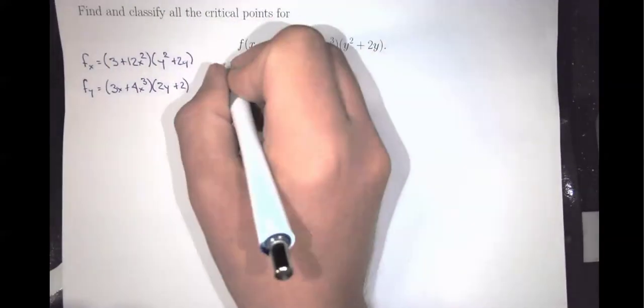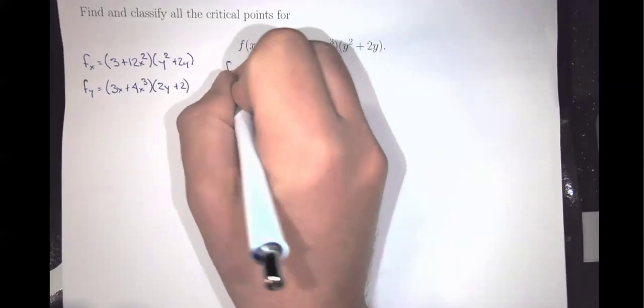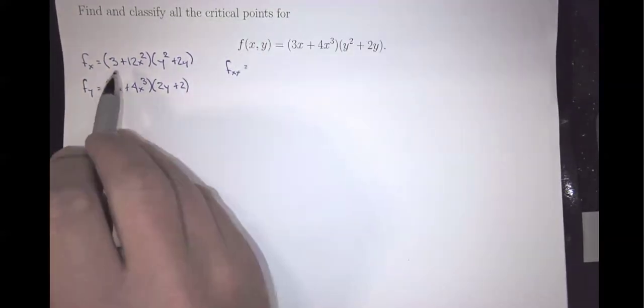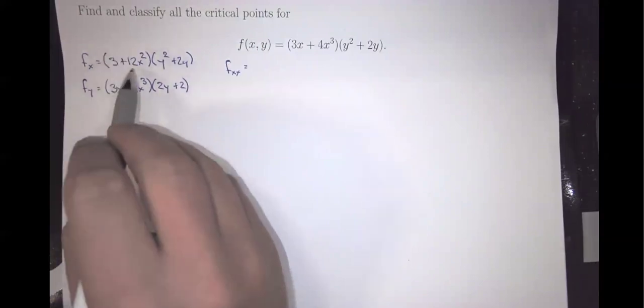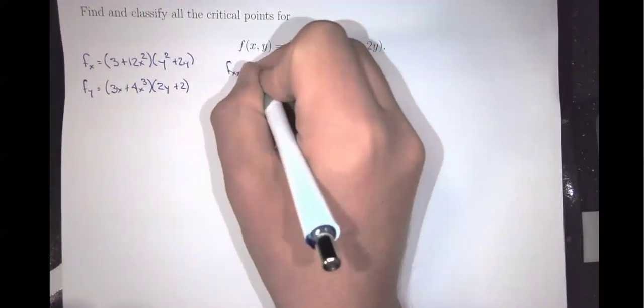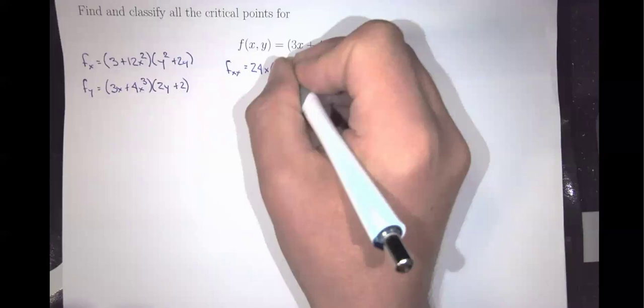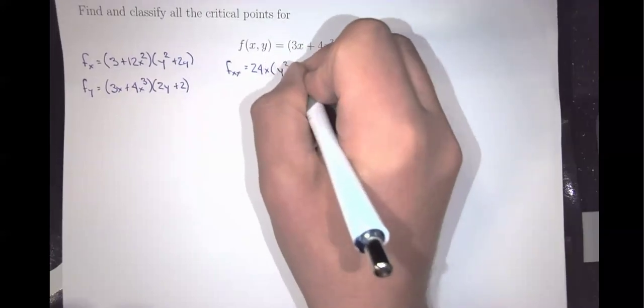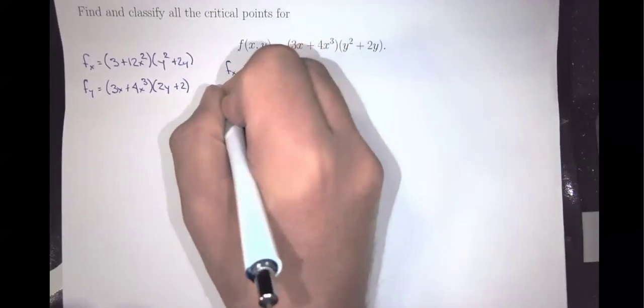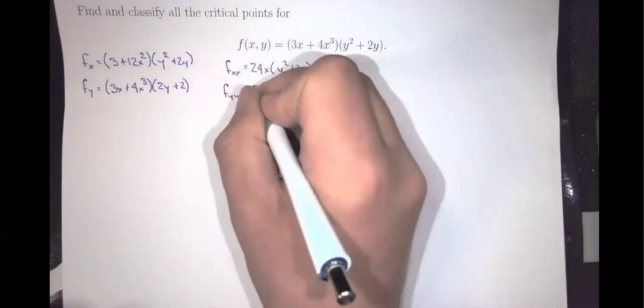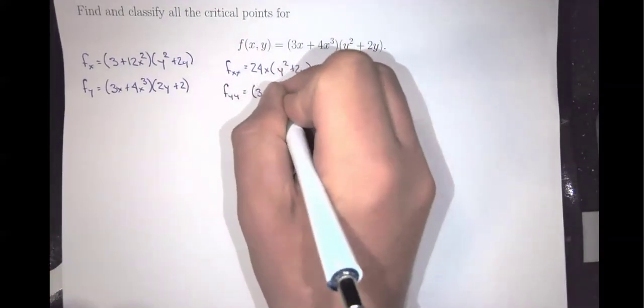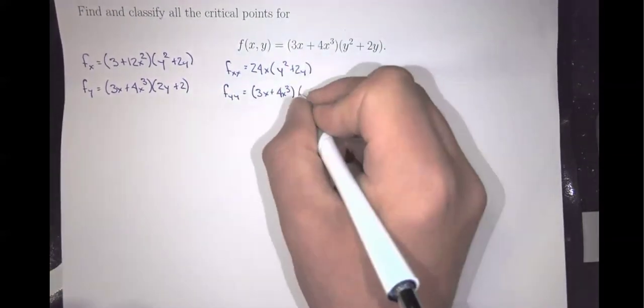Our second partials: fxx is going to be, derivative of 3 is 0, so 24x times (y² + 2y). Second derivative with respect to y, we've got a constant out front, so (3x + 4x³), and the derivative here is 2.